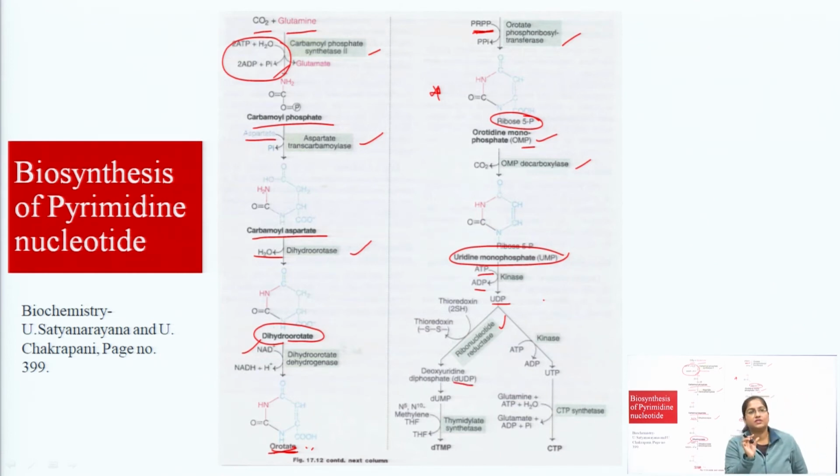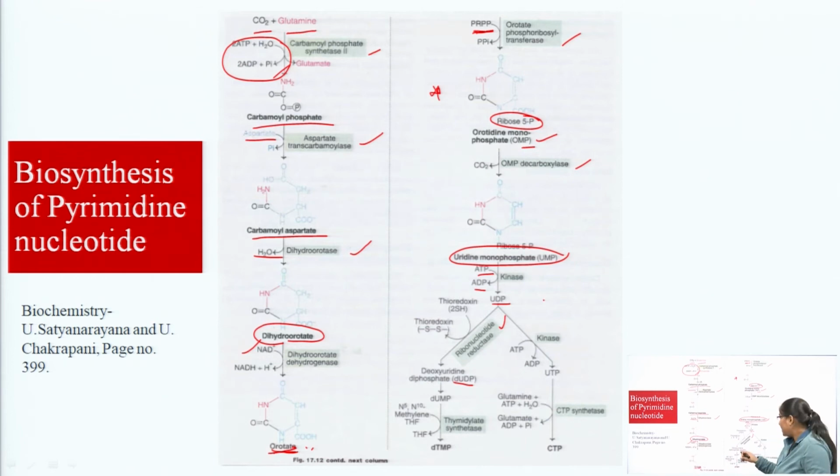When we use this deoxy word, we do not write a capital D, we write a small d and capital UDP. So it will be converted into deoxyuridine diphosphate with the use of the enzyme ribonucleotide reductase.